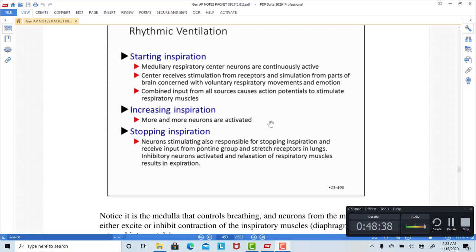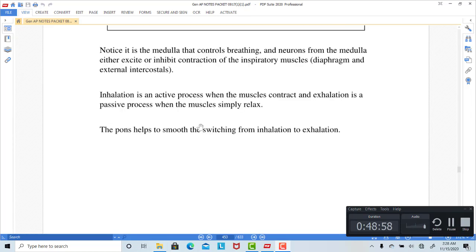So the medulla is in charge of contracting the muscles, but the pons is what tells them to stop. So the pons is more like the regulator of the switching between inhalation and exhalation, but the medulla is what sends the active signals for contraction of those respiratory muscles.